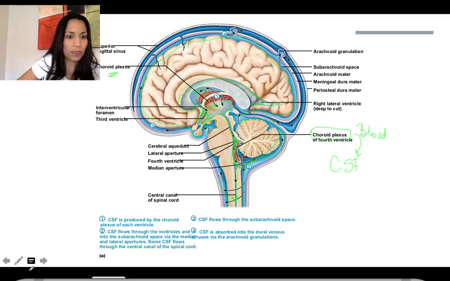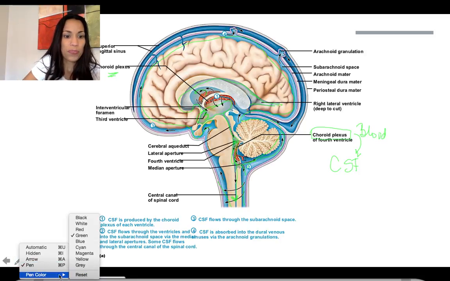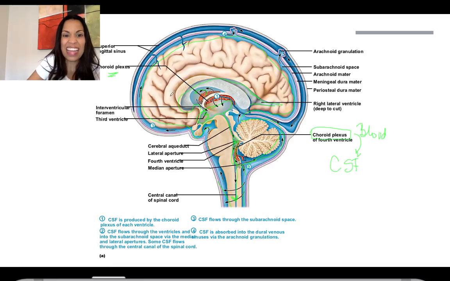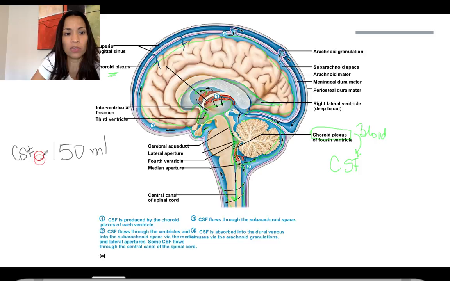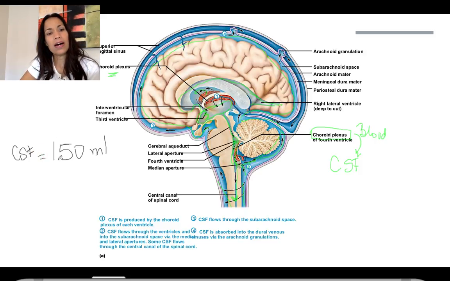Now, cute and cool fact: at any given moment we have around 150 milliliters of cerebrospinal fluid. So if I want to calculate your cerebrospinal fluid, it will be around this number.